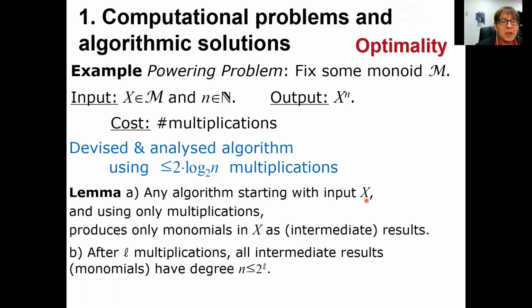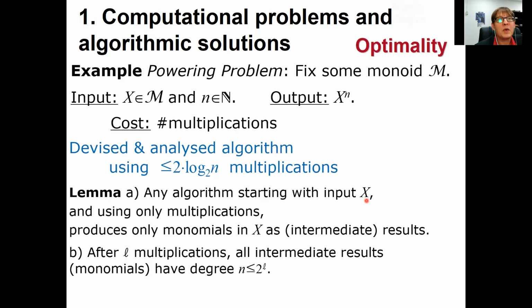Next, an equally simple statement says that if the algorithm uses a specific number of multiplications, namely L, then all intermediate results, which we know to be monomials by item A, must have degree at most 2 to the L. So that's kind of like a quantitative strengthening of item A. And why is that true? Again, a simple proof by induction.